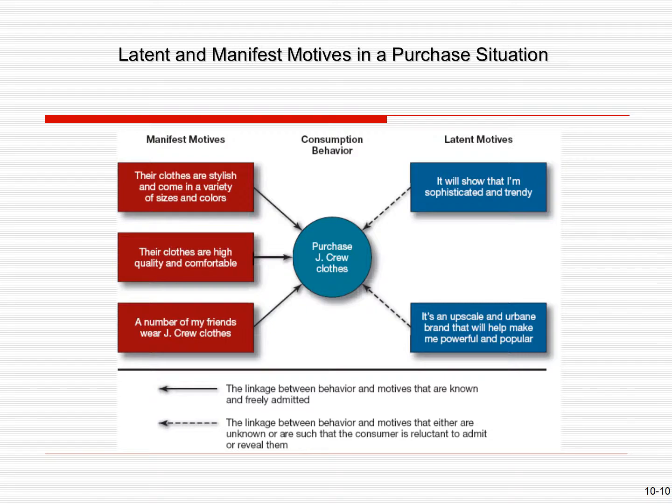Manifest motives and latent motives both are drivers of consumer behavior. My suggestion, and the contention that I've always held to be true, is that latent motives are more important because they represent more truth. They represent something that's deep inside of you that really drives you to something larger.